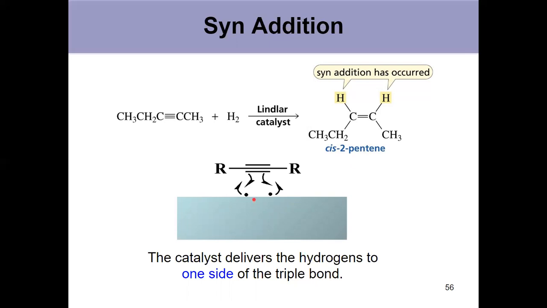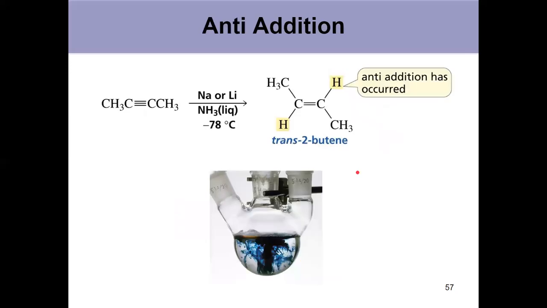So what if I wanted to do an anti-addition so I could get a trans alkene as a product? Well, there is a way to do it, but it's a little bit different. It's something that's known as a dissolving metal reduction. And a dissolving metal reduction will take an alkyne to an alkene via an anti-addition, therefore forming the trans product.